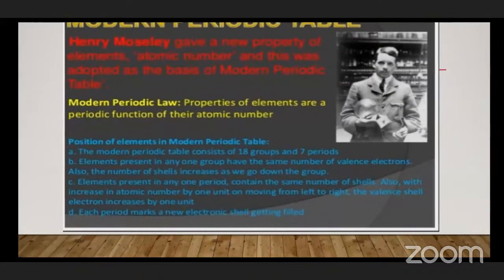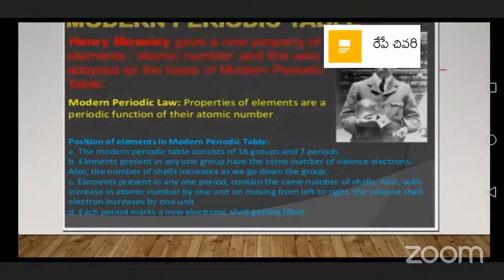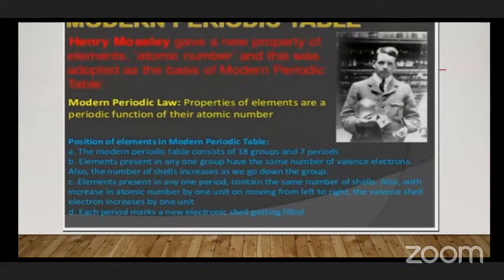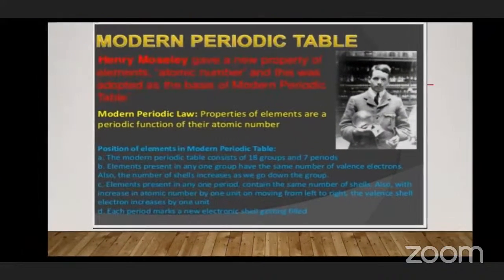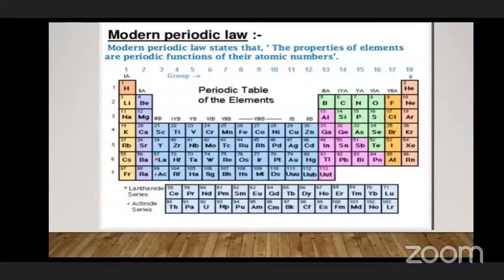It means the number of shells increases down the group. So what we want to say here: hydrogen is 1s1. Lithium is 2s1.